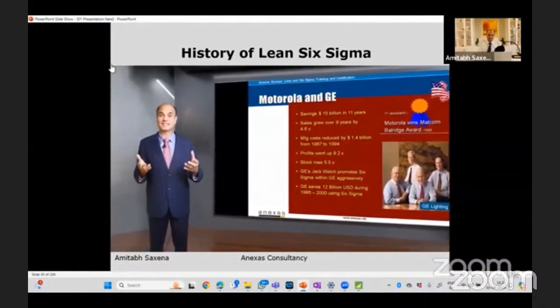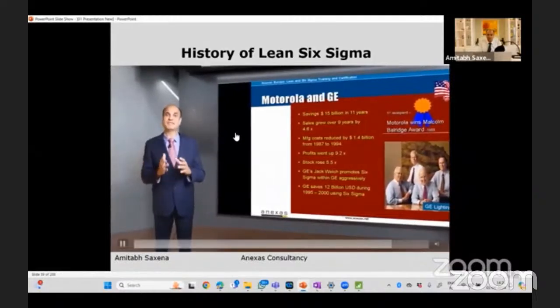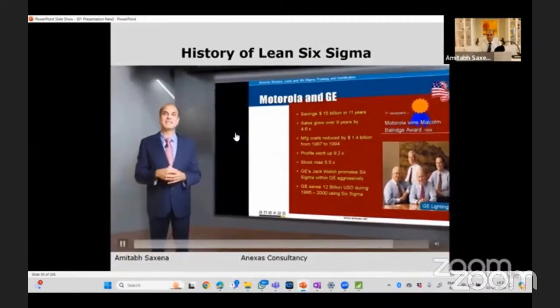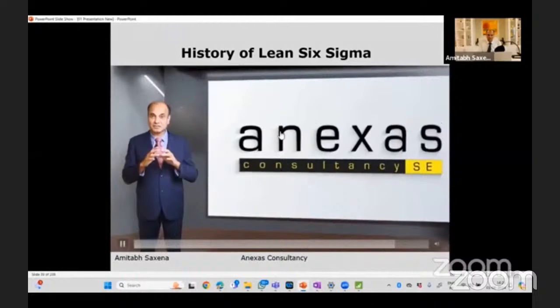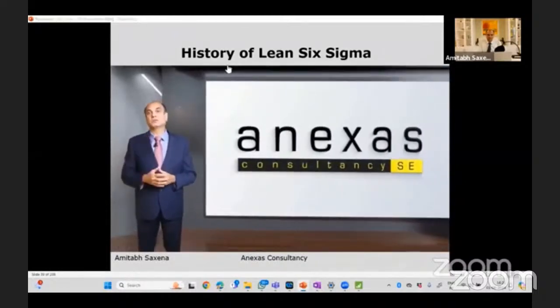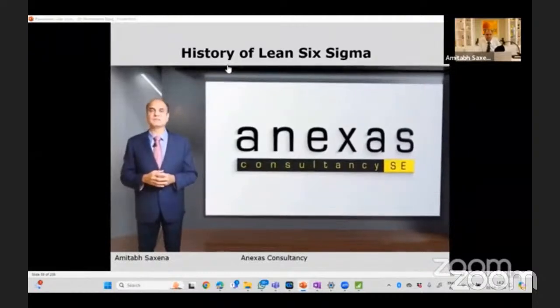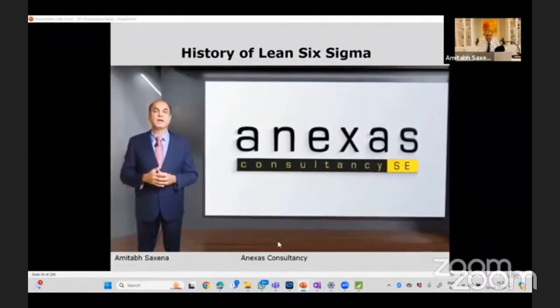So vendors also started asking what is Six Sigma, and GE would say that we will send our master black belts and train you in this methodology. In this manner, Lean Six Sigma spread around the world, and today almost 80% of the Fortune 100 companies and many, many more companies around the world have implemented Six Sigma and Lean.